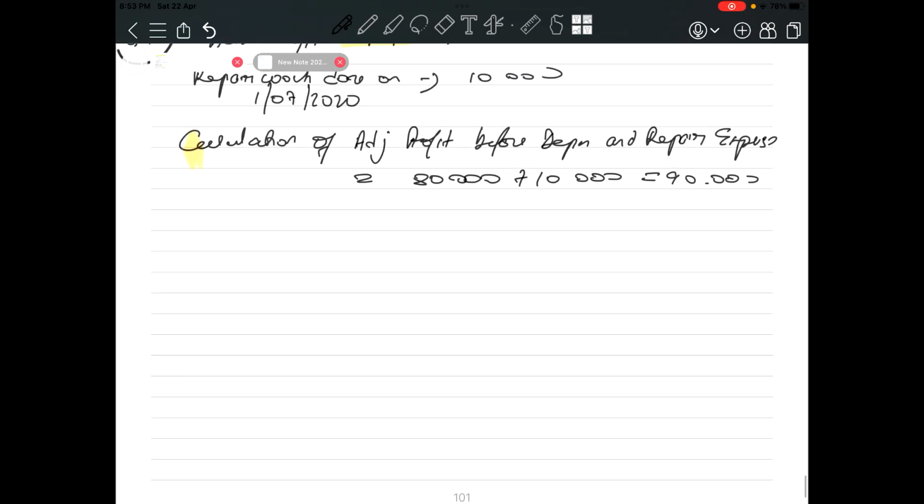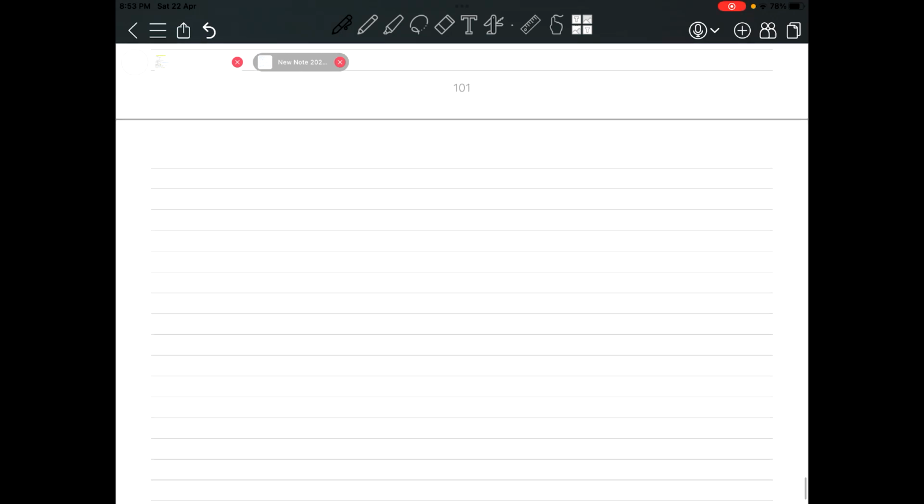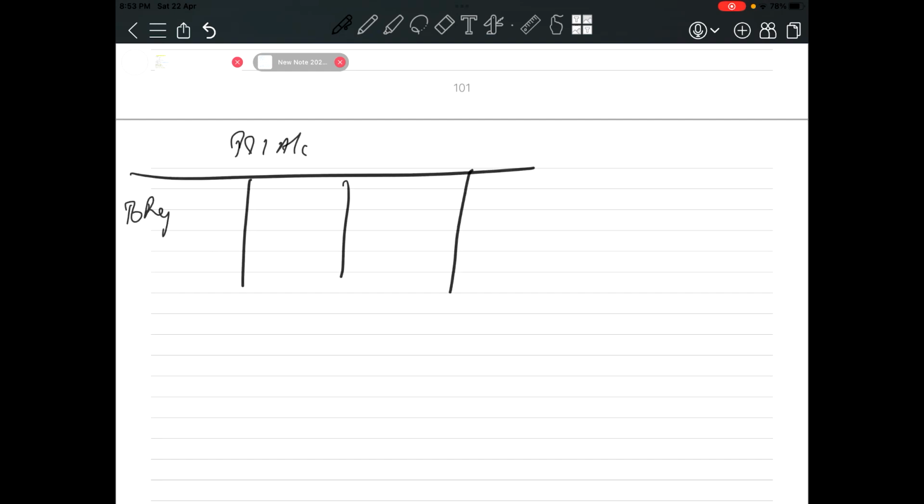Now before moving forward, let's understand what I have done. When you prepare a P&L account, in the question you have repair expenses. These expenses have been transferred to the P&L account debit side, and the actual net profit is 80,000. Now this treatment is absolutely fine. There is no problem with this entry.